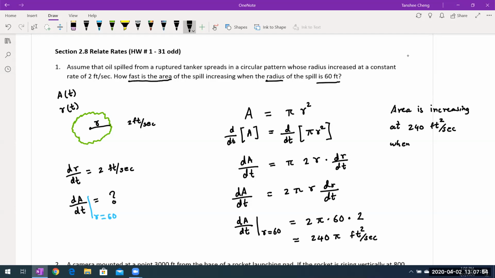This rate of change is at a particular length of radius, so you need to indicate that. So when the radius is 60 feet. And that will be my conclusion.